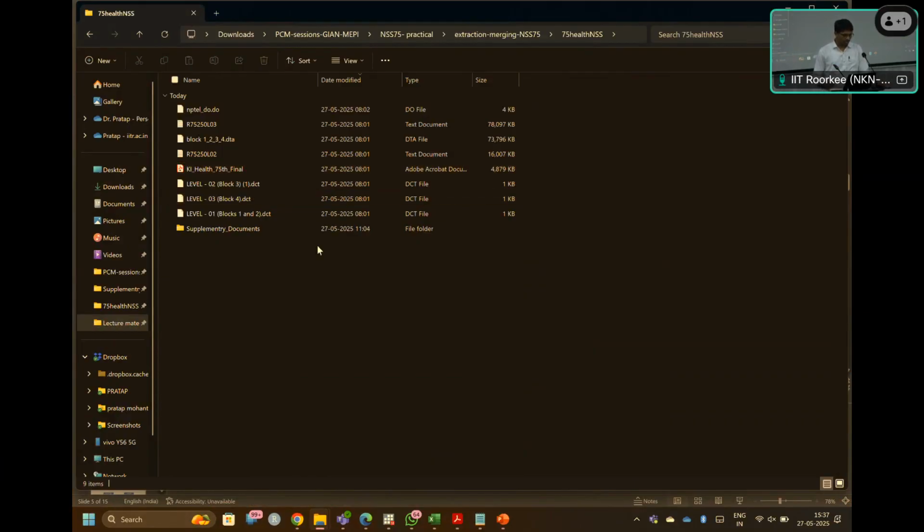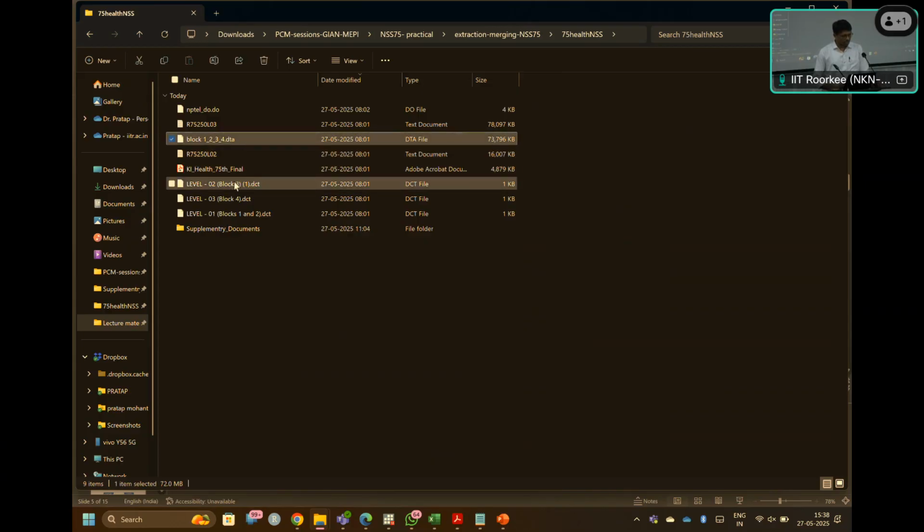So I may not be justifying in this class, but I'll be providing the logic behind the merging. So I have at this moment two files which are already extracted. Okay, so that I am able to merge them and combine them into a single file.